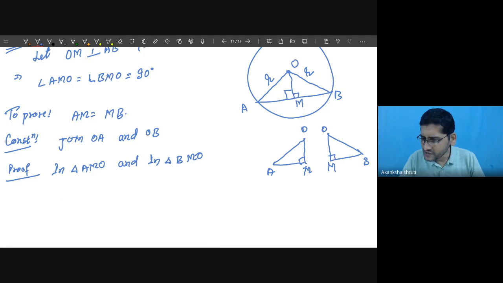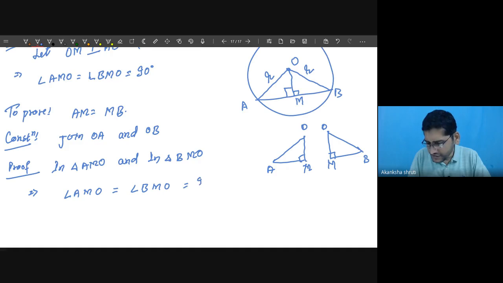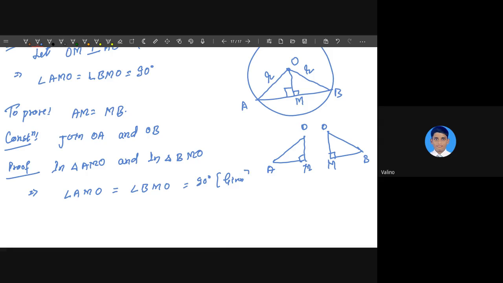It is given that these two are 90 degrees. So in right triangle AMO, on one side, we can write angle AMO is equal to angle BMO. Why? Each equals 90 degrees. It is given. OM is common.